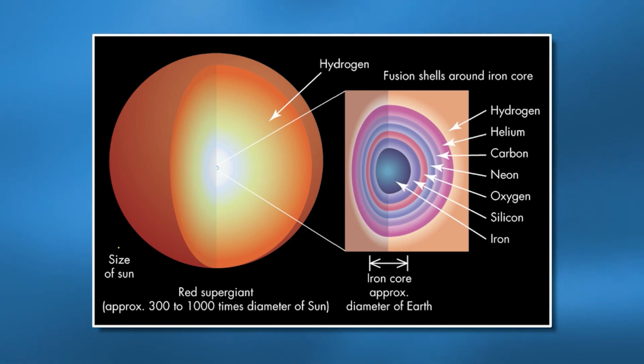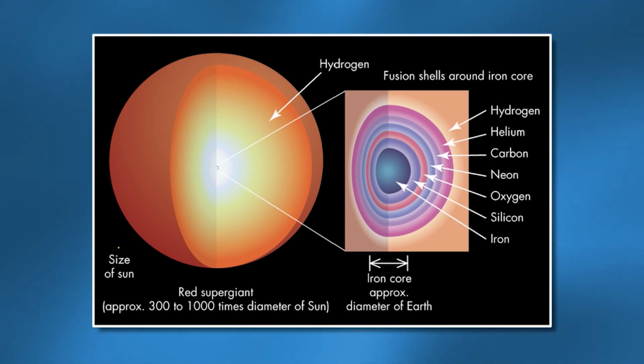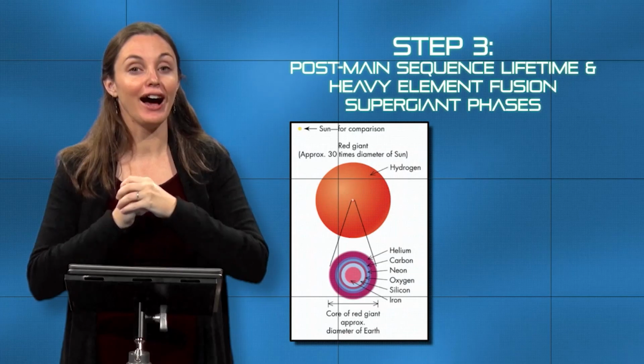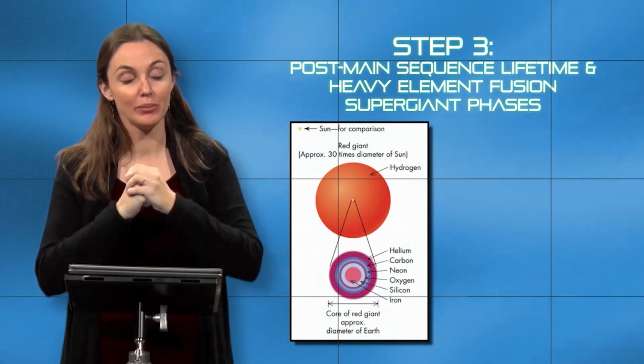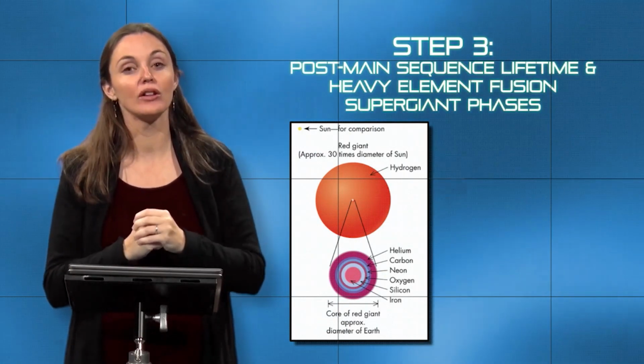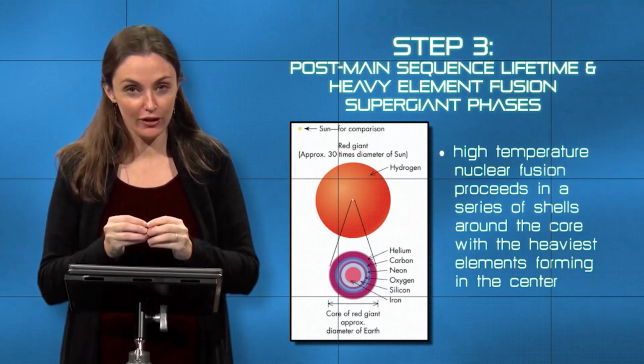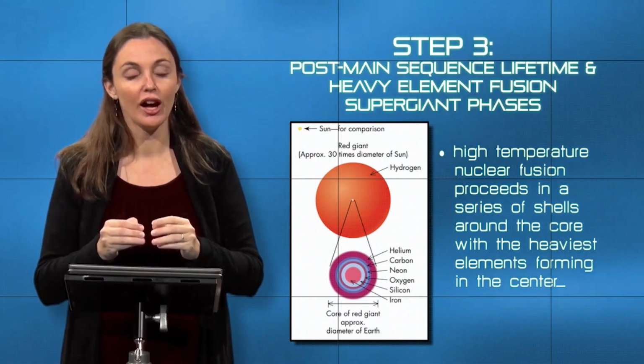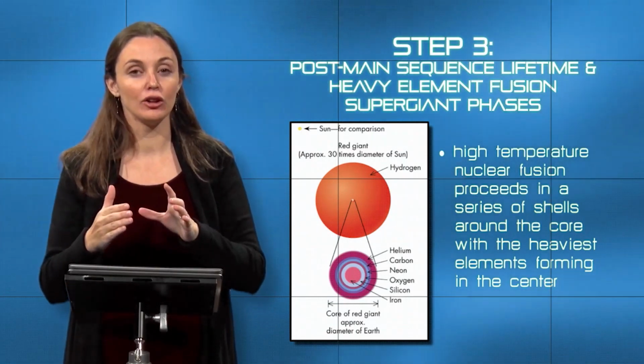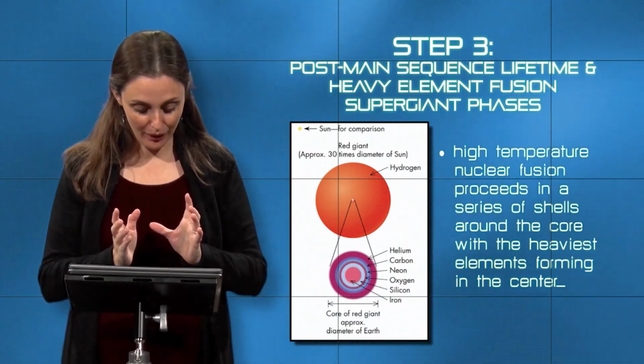All of these things are taking place in a series of nested bands, nested shells around the very, very core. And wherever you have the highest temperatures, that's going to be the very center core, and that's where you're going to form the heaviest elements. So iron is going to build up in the very, very center core of a star, and right around that iron, you might have a little bit less massive of an element.